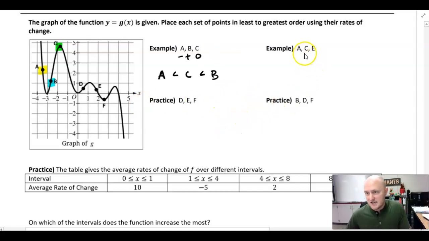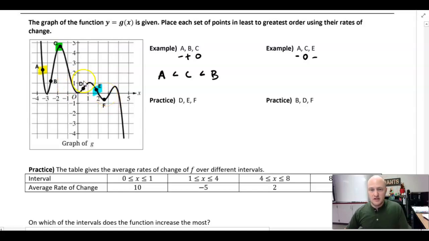Let's look at example 2. We have A, C, and instead of B, we now have E. So A is negative, and that's pretty steep. That's a pretty steep drop. C is again 0, and then E is also negative, but it's not as negative.